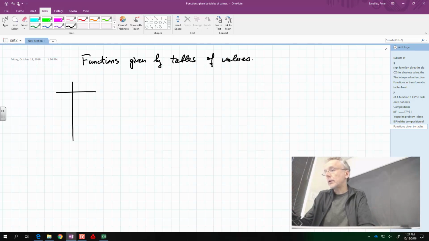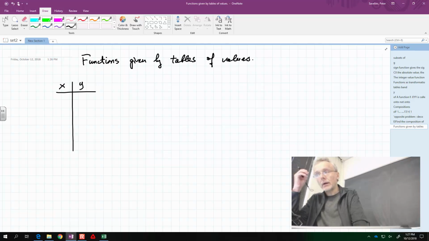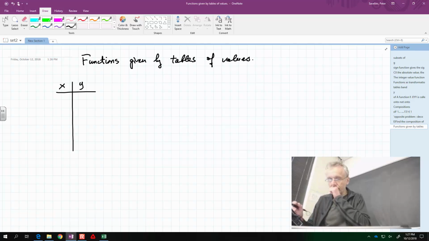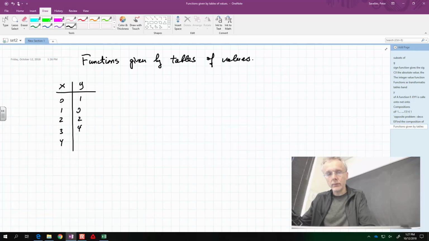So x and y, I will take care of the variables early on so there would be no doubt. The two variables, x and y, are the inputs and outputs of the first one: 1, 0, 2, 4, 2.